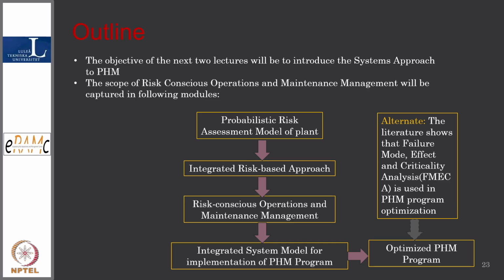Then we integrate it with the plant. We say that sufficient redundancy is built into the system, so the failure of a system is less. And then this model is validated for each of the postulated initiating events.